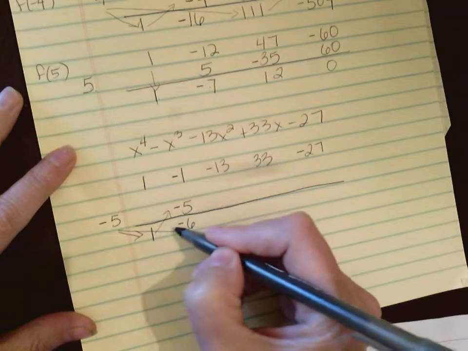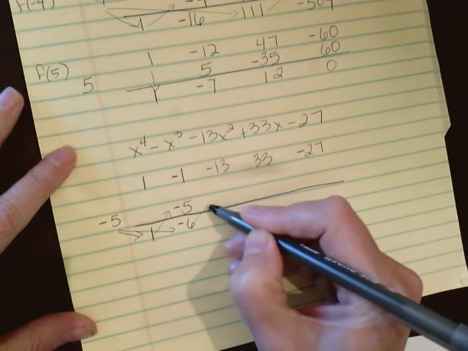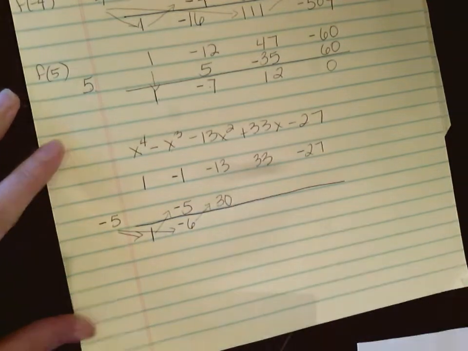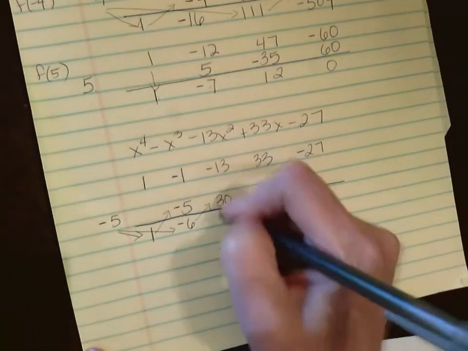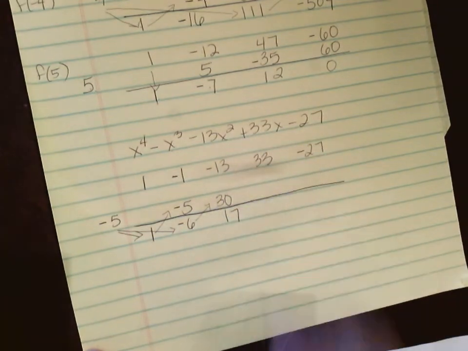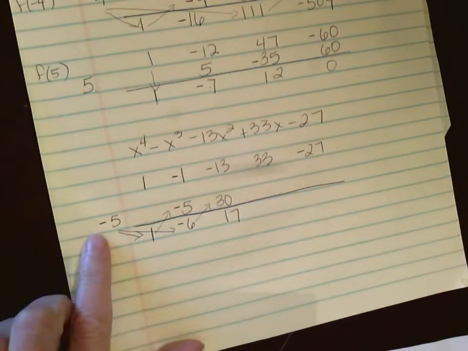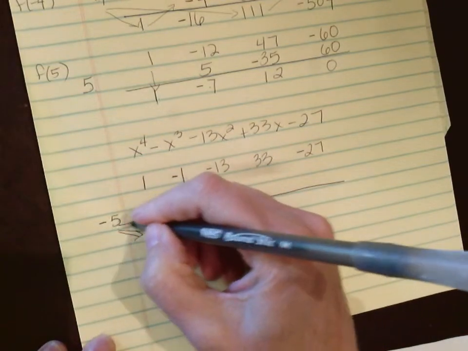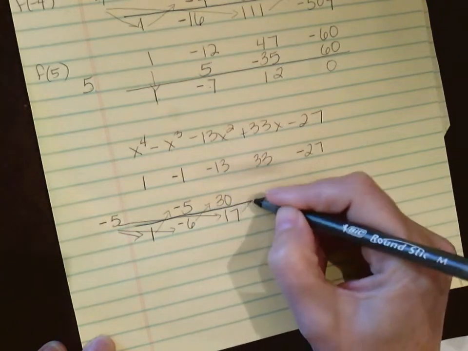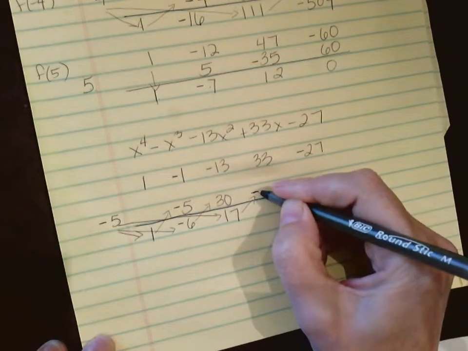Negative 5 times negative 6 gives me 30. Negative 13 and 30 gives me 17. Negative 5 times 17 gives me negative 85.